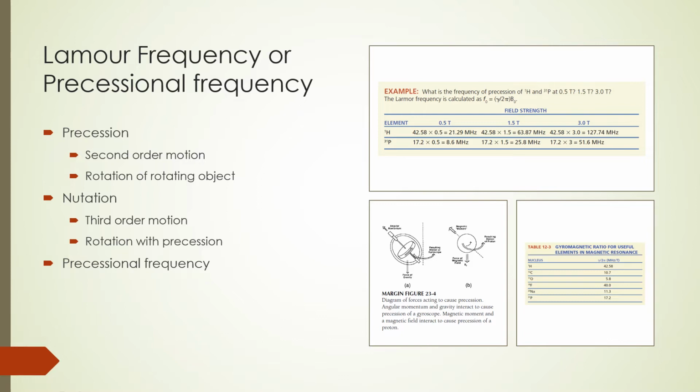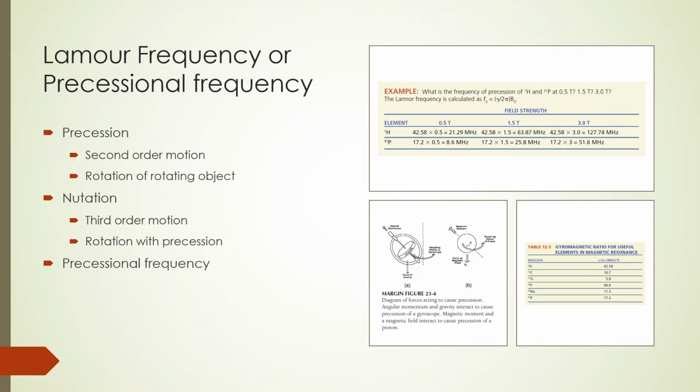So let's apply this information to hydrogen. When a material containing hydrogen is placed in a magnetic field, the hydrogen atoms, which we consider to be protons with spin, begin to precess because of the presence of the force from the static magnetic field. When a radio frequency pulse is applied to these precessing protons, the effect is to cause their angle of precession to change, causing what we call a nutation or a flip from one angle to another.